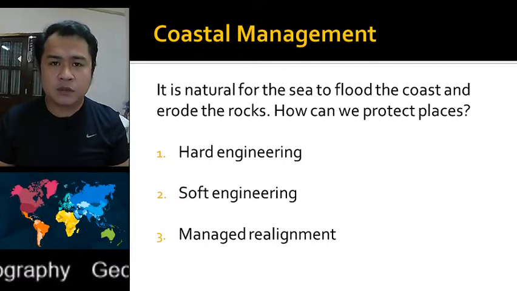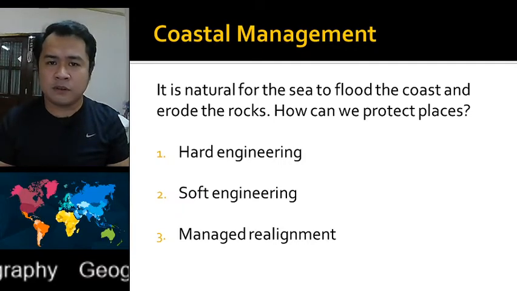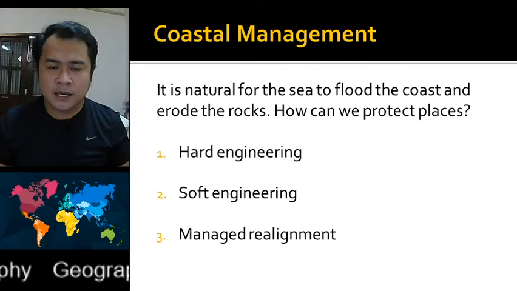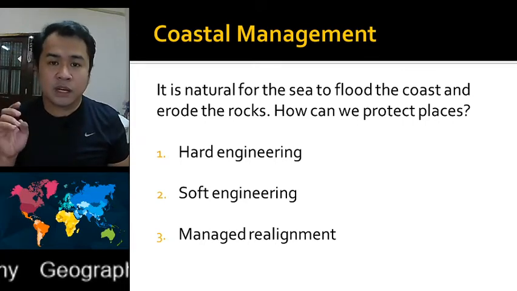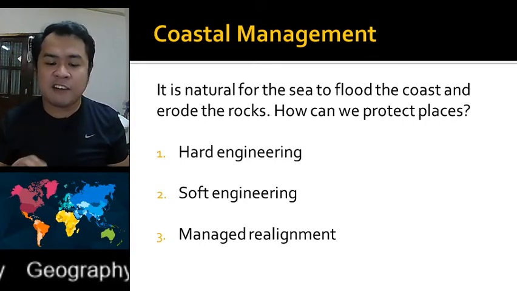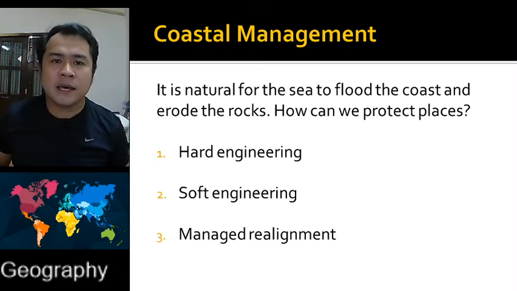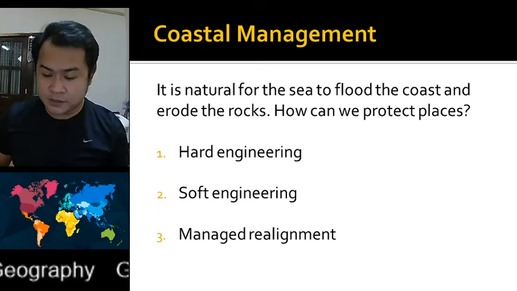So we have three possible ways of coastal management or techniques. Number one is hard engineering. Number two, we have soft engineering, and then we have what we call managed realignment. I will be discussing all three of them today.